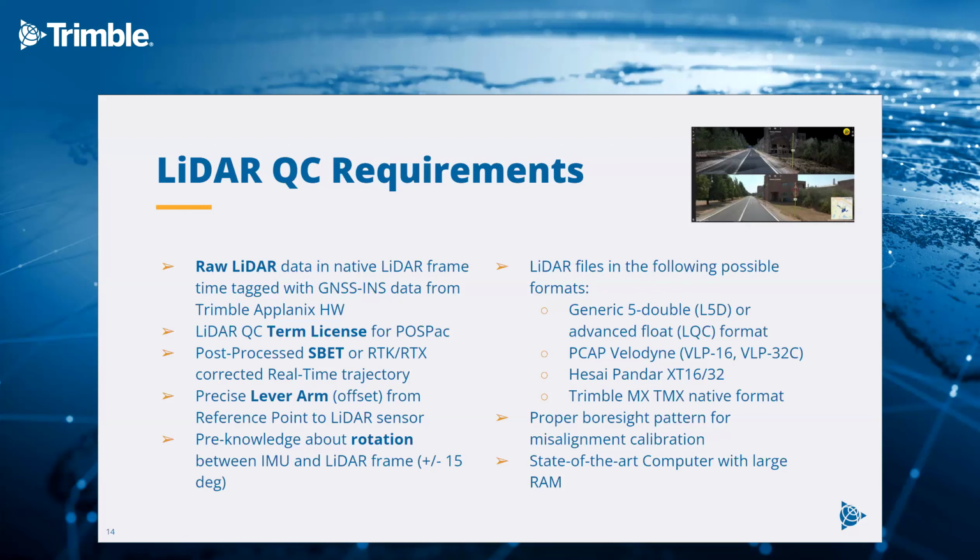That is important. It typically comes from the integration, from a CAD model, but it needs to be very precise, of course. And you would need some pre-knowledge about the rotation between the IMU and the LiDAR frame, which is also known as the boresight calibration.